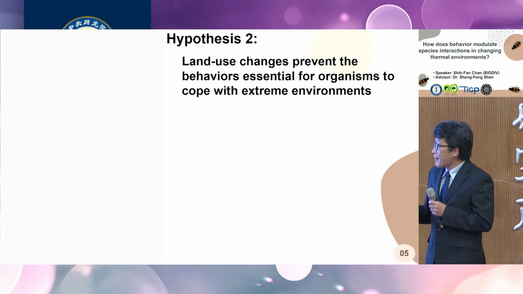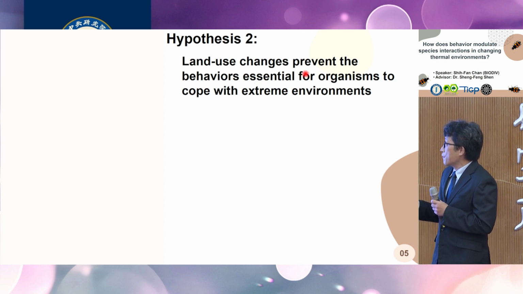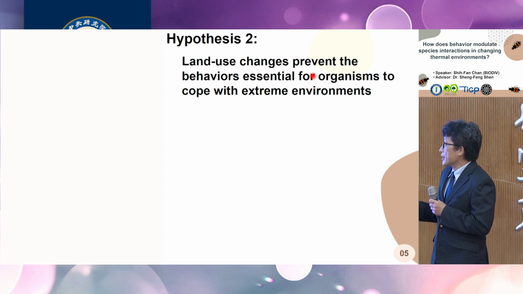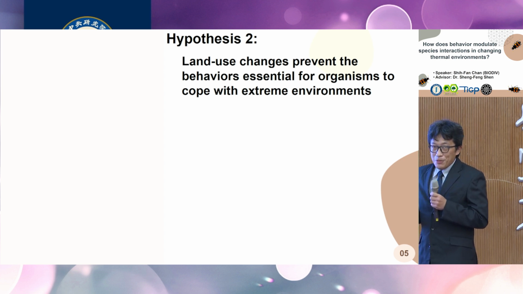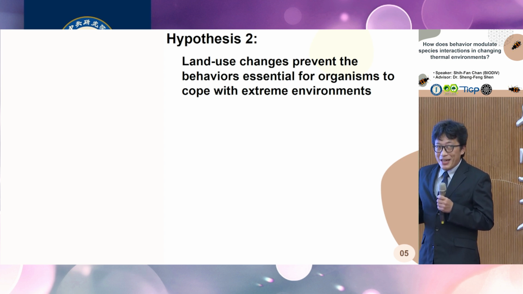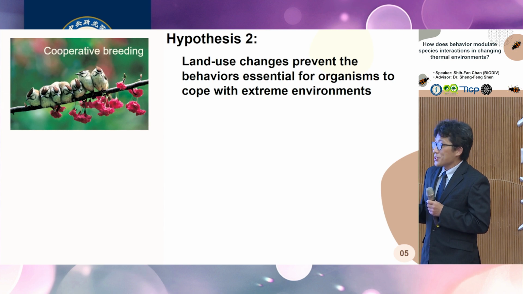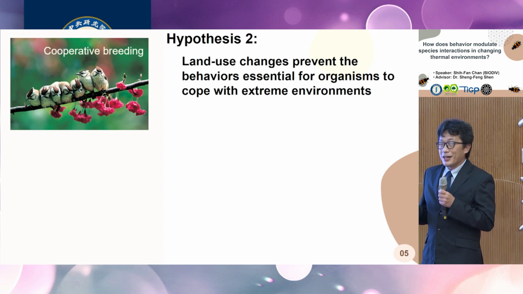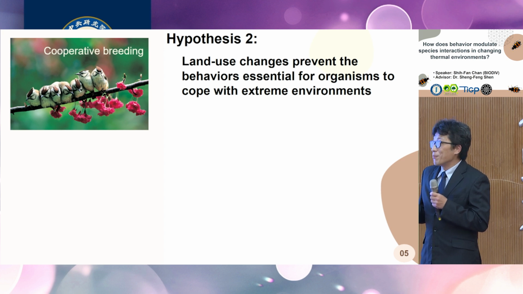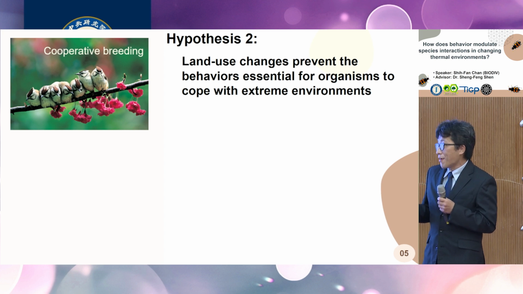The alternative hypothesis is that land use change may prevent the behaviors essential for organisms to cope with competition under extreme environment. Here I focus on the group living behavior in social organisms. Since we know that many species live in groups, and group living allows them to do a lot of functions to maintain their life in the harsh environment.